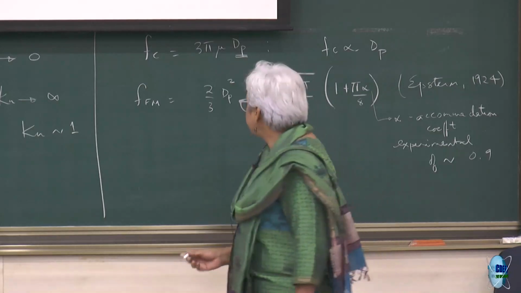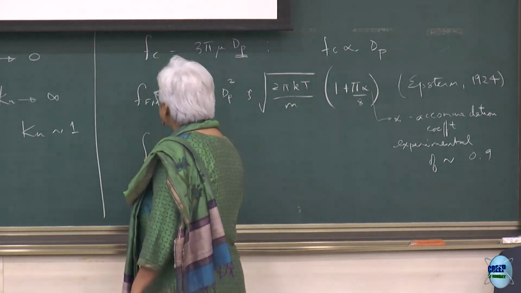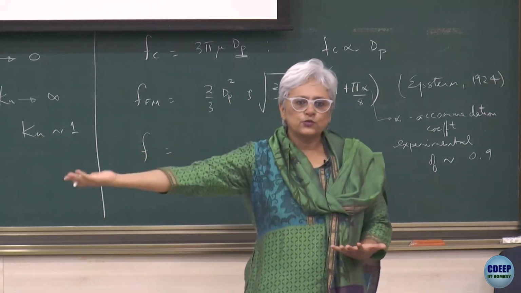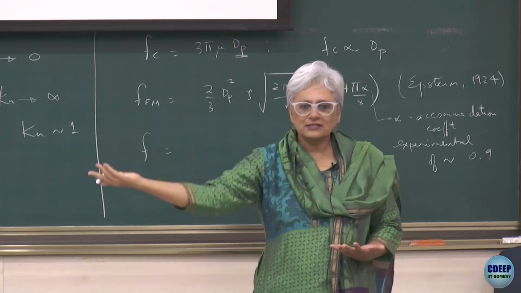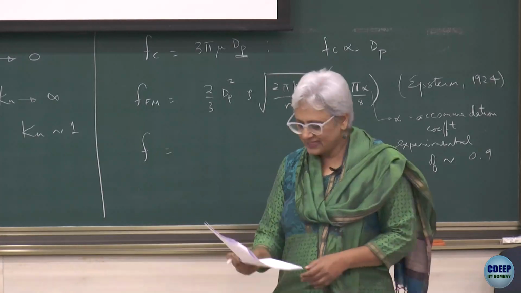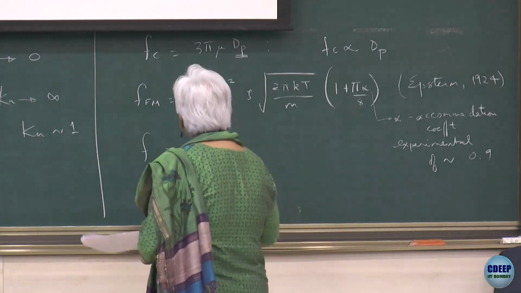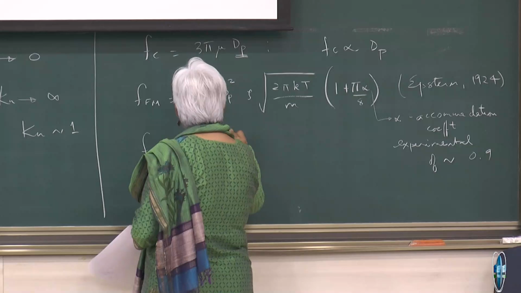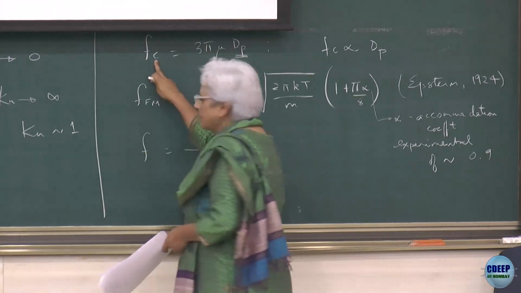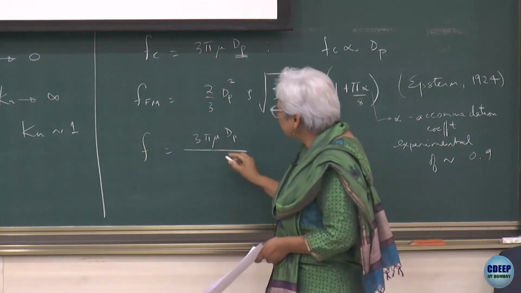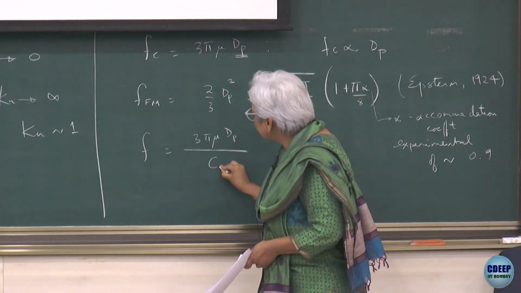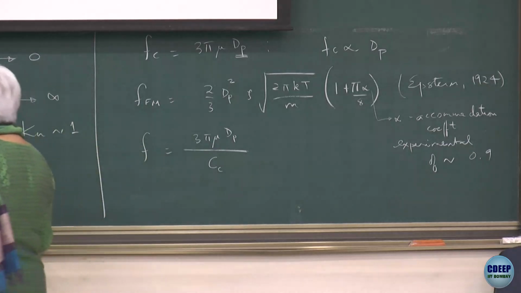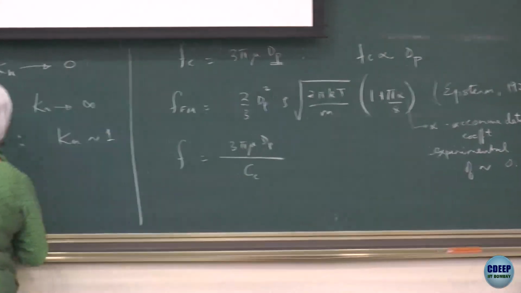Now what do we do with this transition regime? If we want a way to discuss all the regimes and be able to treat them, what we do is we take the continuum regime version and we correct it by a term, and this term is what is called the Cunningham slip factor.